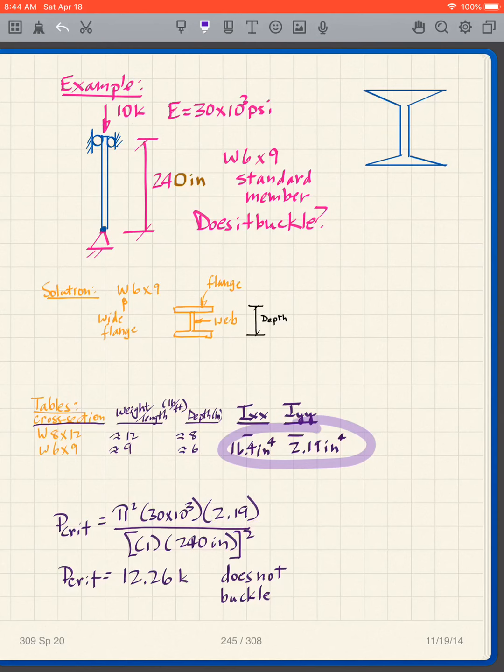So we use the smallest I. K in this case, because it's pinned, is 1. And L is 240 inches. We get our P critical for that particular column is 12.26 kips. And what do we see? We only apply 10 kips, so it does not buckle.